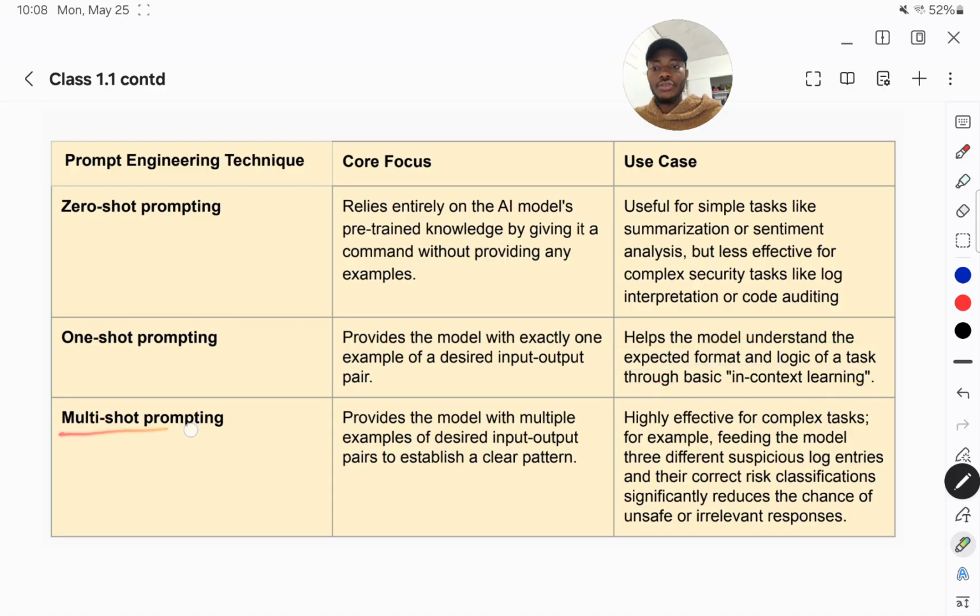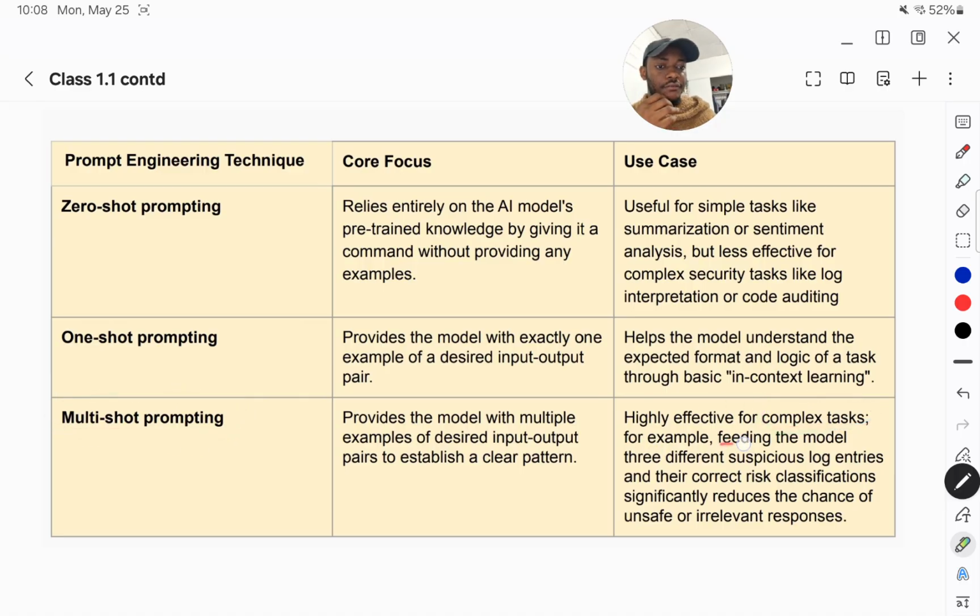Multi-shot prompting provides the model with multiple examples of desired input-output pairs to establish a clear pattern. This method is highly effective for complex tasks. Take note of this: complex tasks and multi-shot prompting.